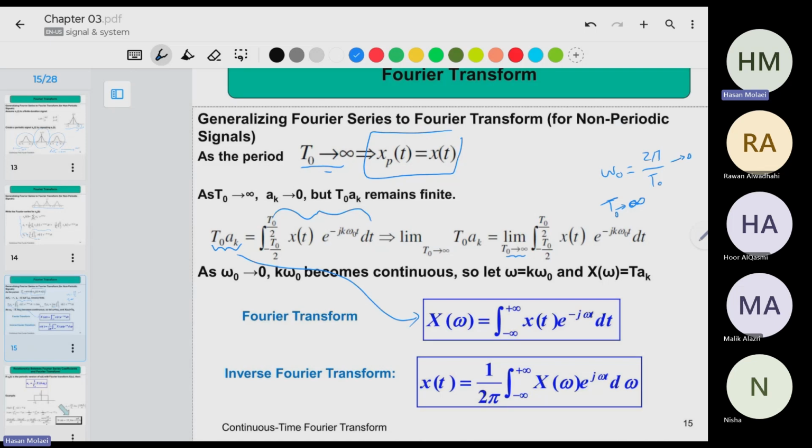We can consider it as a continuous variable. So k omega 0 itself, we consider it as omega. And from the series transform, we will have the Fourier transform. How do we find it? We imaginarily make the signal periodic, find its Fourier series, and its equivalent is the Fourier transform.